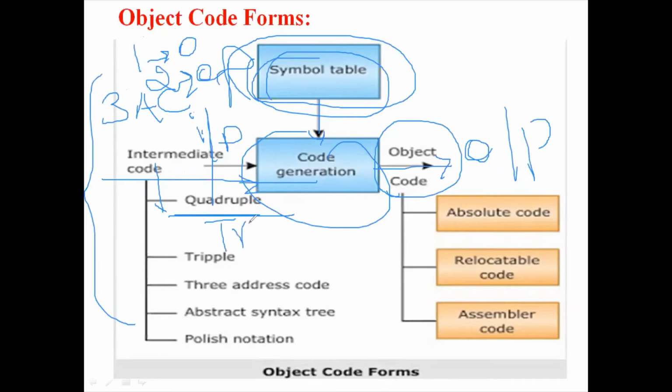The implementations of 3 address code are quadruple, triple, and indirect triples. So this is for quadruple. Quadruple means we have 4 fields: operator, operand 1, operand 2, and result. 4 arguments. So here operator, operand 1, operand 2, and result.